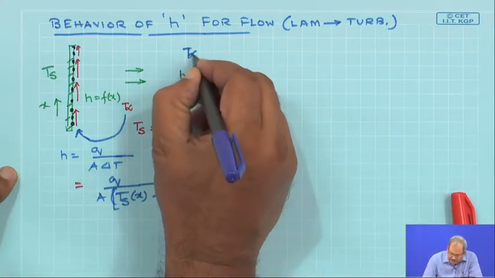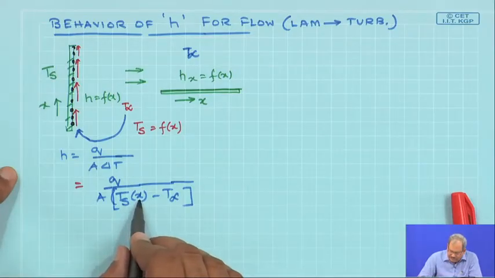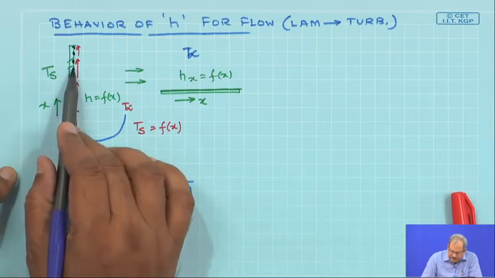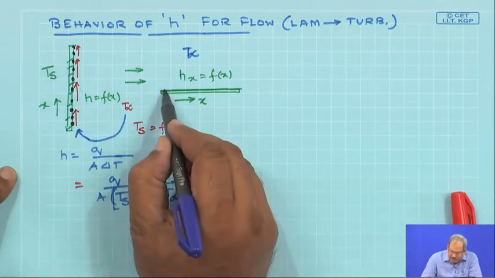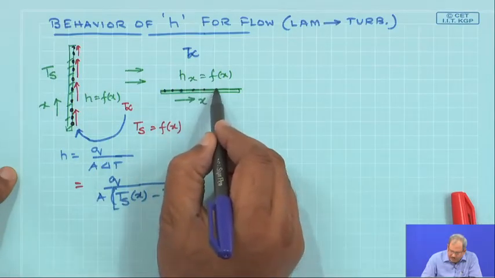This Ts is a function of x, which is experimentally measured by a number of thermocouples embedded on the horizontal cylinder or on the plate itself.